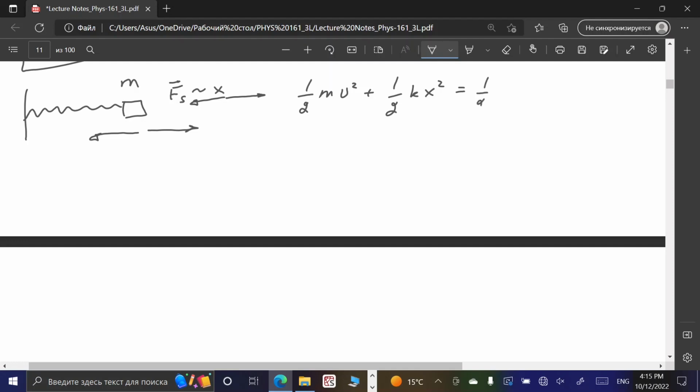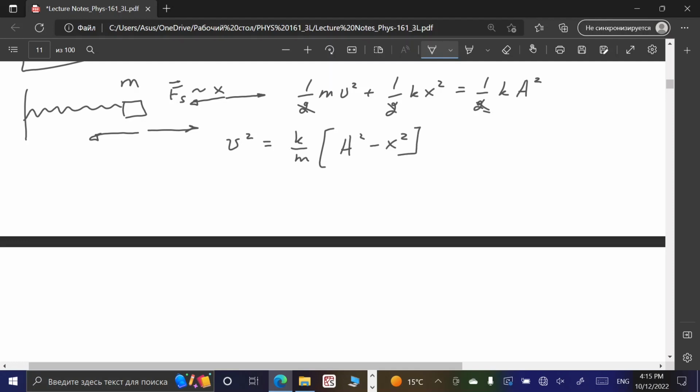So it will be 1/2 k times a squared. So from here we cancel out this 2 and we can write that v squared is equal to k over m times a squared minus x squared.